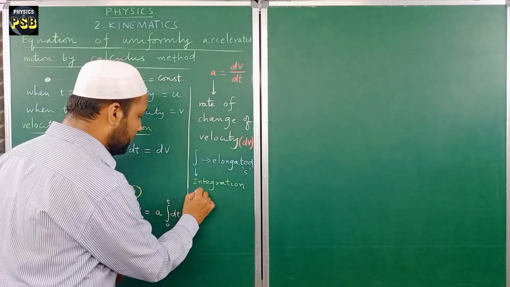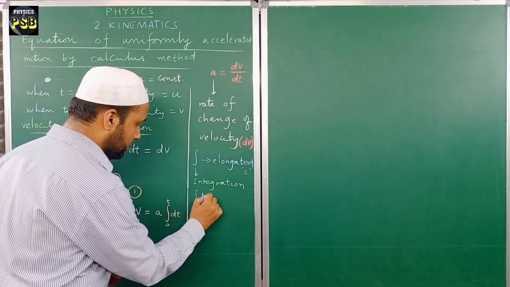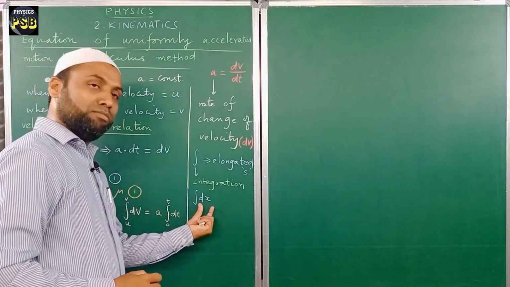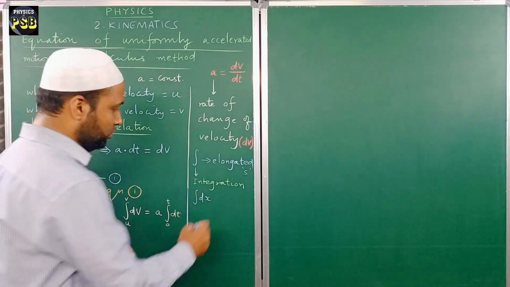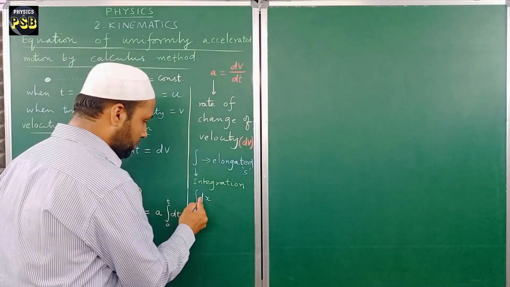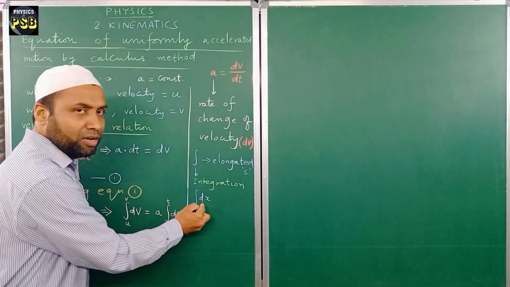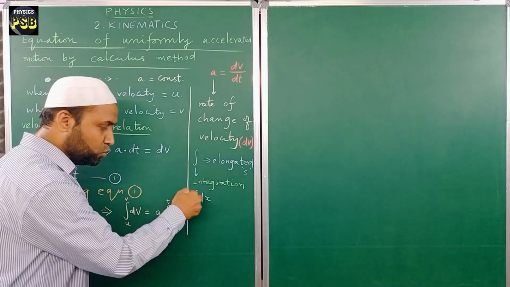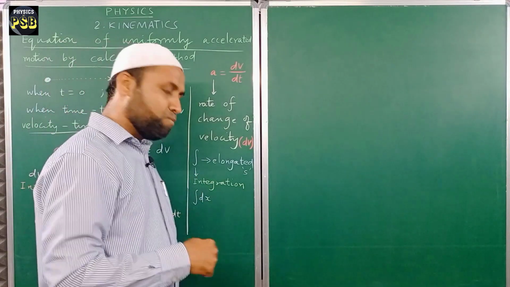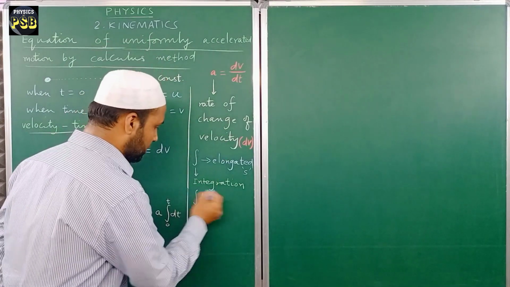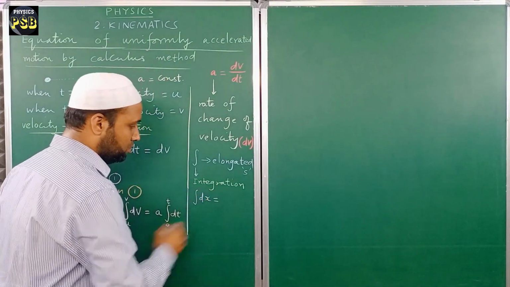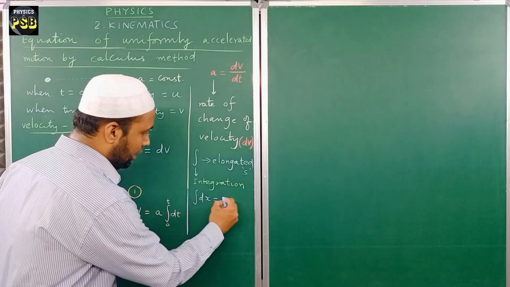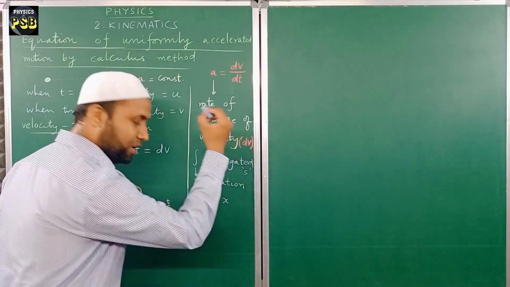See, the integral of dx. Suppose you integrate a term dx. If you integrate dx, this d will disappear, because d stands for differentiation and this integral stands for integration. These two are opposite functions, so they cancel each other, and what remains is x.